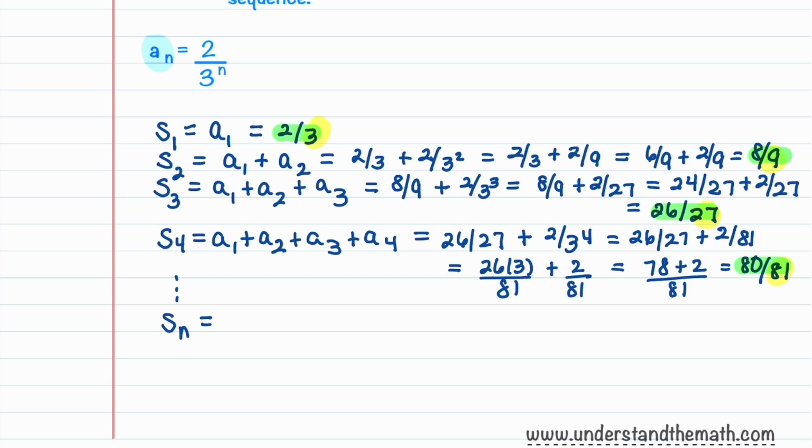The denominator of S3 is 3 cubed, and you see the pattern. So let's write down that our denominator is going to be 3 to the n. Now let's look at the numerator. Can you see that the numerator in each of our numbers is 1 less than the denominator? So we can write the numerator as 3 to the n minus 1. And now we have our formula for our nth partial sum.